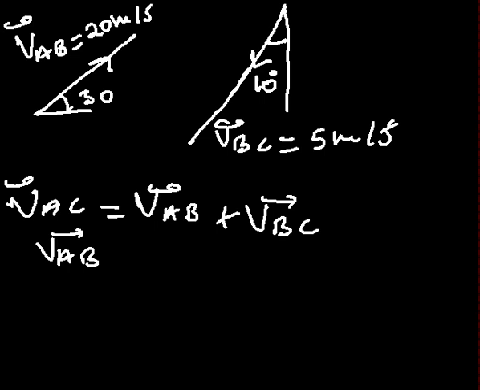Now vector VAB is given as this, and we need to resolve it into components. As you know from vector resolution, we can draw the Cartesian plane from the tail of the vector, like that, where this is the x component and this is the y component. So what is the x component of the vector, as you can see there?